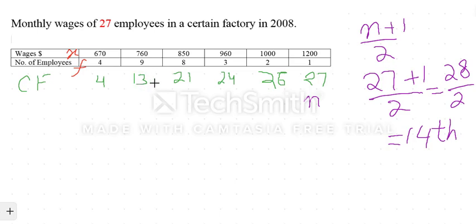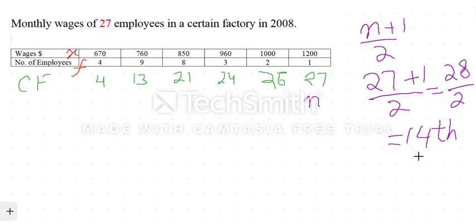Then from the 14th position up to the 21st, there will be 850. And from the 22nd to 24th, there will be 960. From 25 to 26, there will be 1000. And the 27th will be 1200.